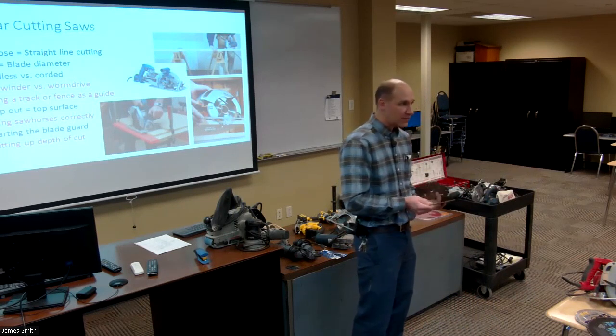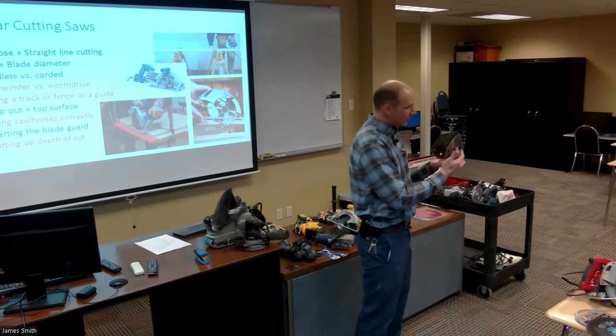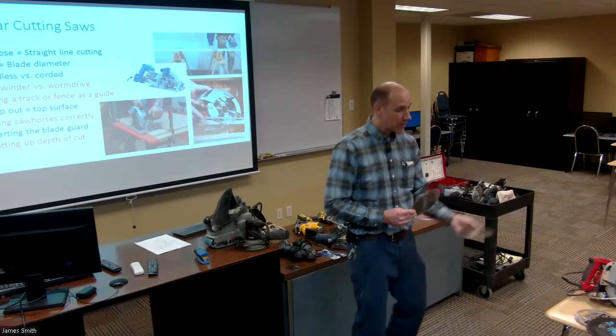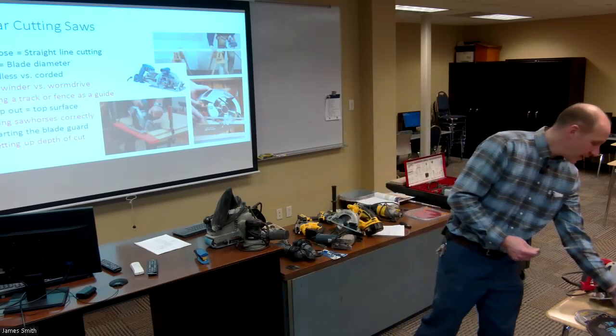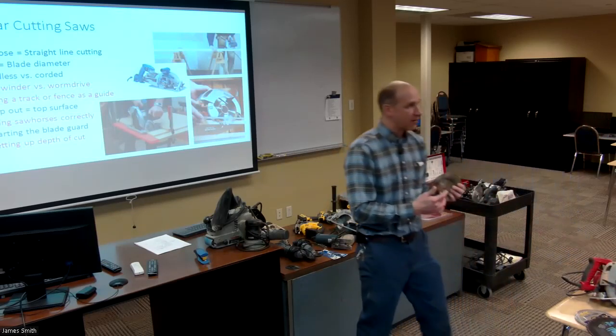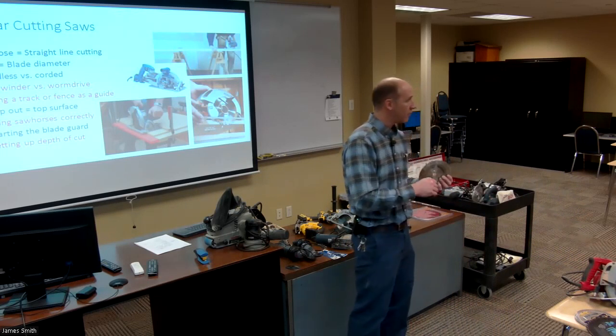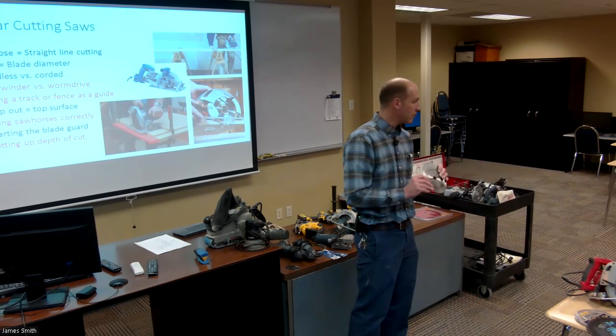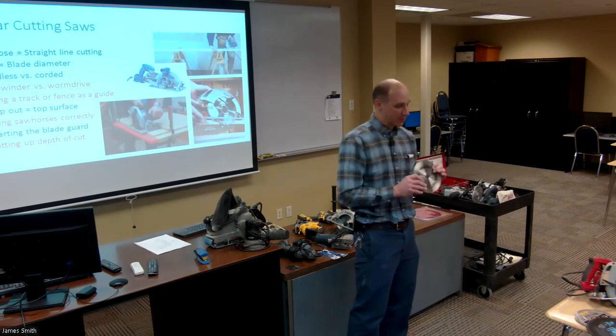A lot of the worm drive saws will have kind of a diamond arbor instead of a round arbor like this, because they are a little bit heavier duty. And so you can usually punch that out of the middle. Just take a screwdriver and a chisel, and you can punch that out and remove it to use those blades for that particular type of arbor.